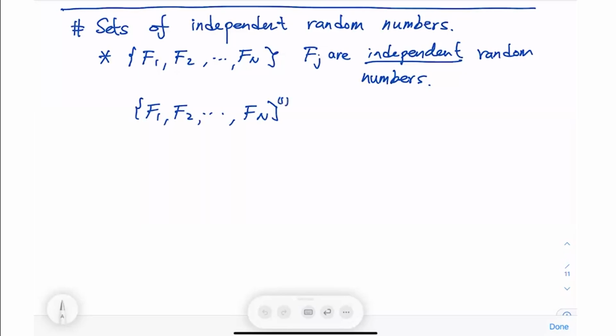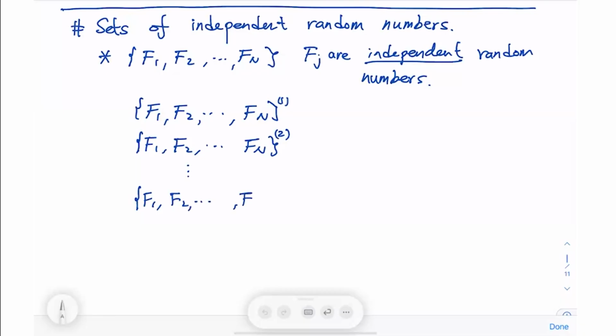Let's label this result with 1 at the upper step. And you can do that again, toss it for n times. Then you will have k trials.